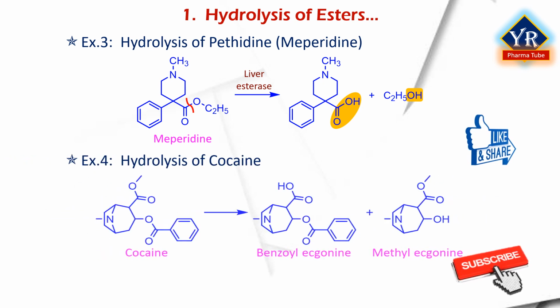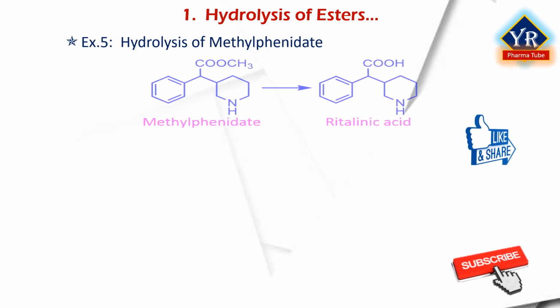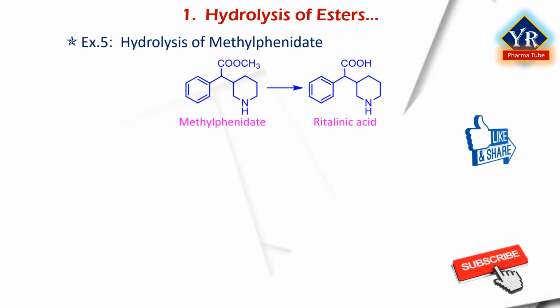In the fourth example, of the two ester functional groups present in cocaine, which is an anesthetic agent, it appears that, in general, the methyl group is hydrolyzed preferentially to yield benzoylecgonine as the major urinary metabolite. The hydrolysis of cocaine to methylecgonine, however, also occurs in plasma and to a minor extent in blood. Methylphenidate is hydrolyzed rapidly to give ritalinic acid as the major metabolite.